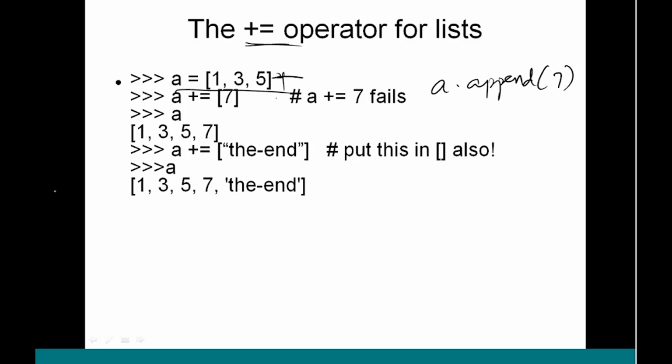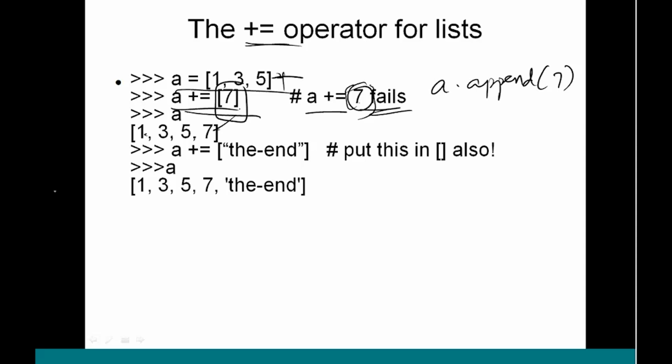We can also do simply a += [7] with square brackets, and this will add that element into the list. But if you try a += 7, just a regular 7, this is a failed case because you need to specify the 7 inside a list for it to be added to the existing list. So when we do this, the result is 1, 3, 5, and 7.